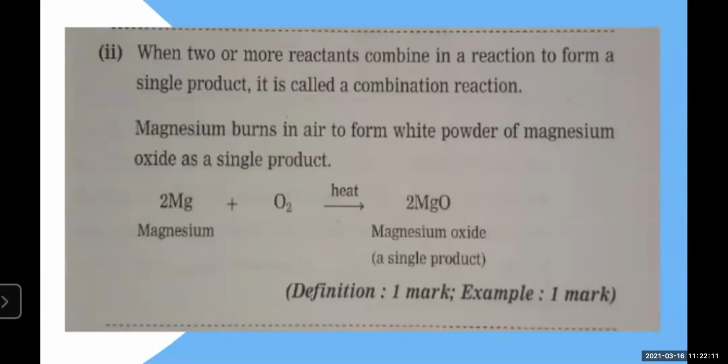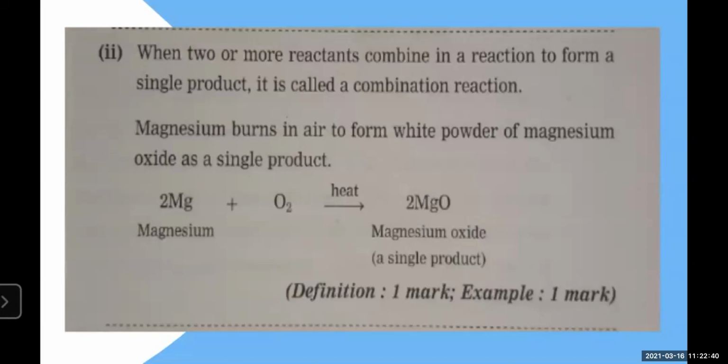So see the example. When you burn magnesium, magnesium burns in air to form white powder of magnesium oxide as a single product. So you can see here Mg is magnesium plus oxygen, means you have this practical in your exam practical book, you are burning the magnesium ribbon in presence of air, okay, in blue flame, so you will get a white powder.